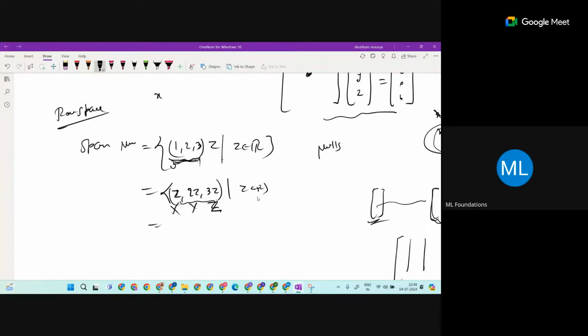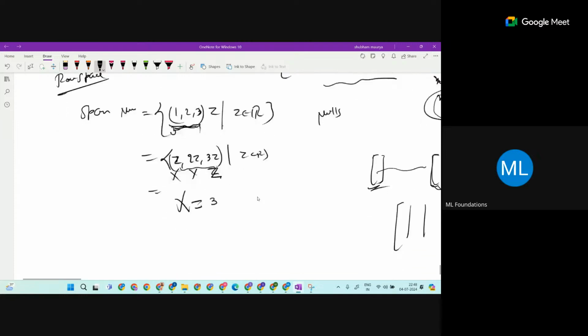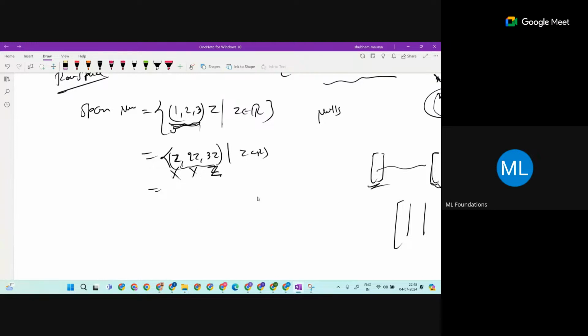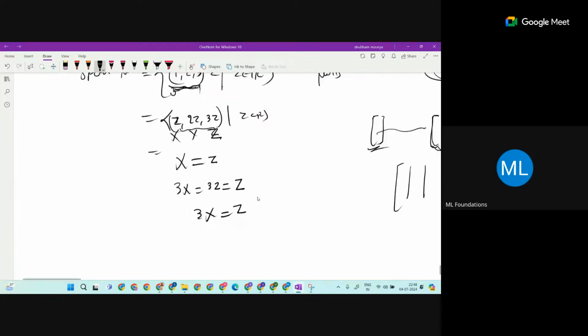This tells you capital X is equal to 3 times small z. So 3x is equal to 3 small z, which means capital Z. This is one equation.